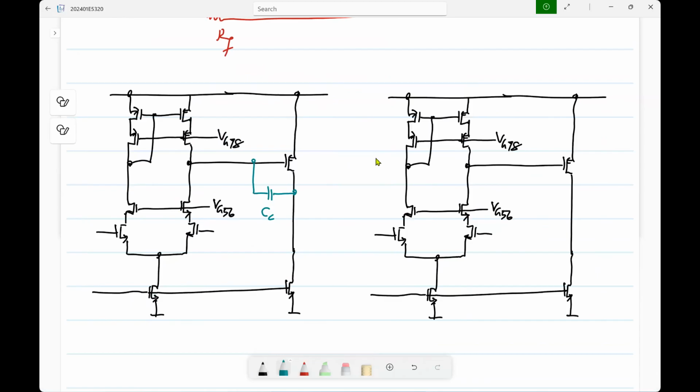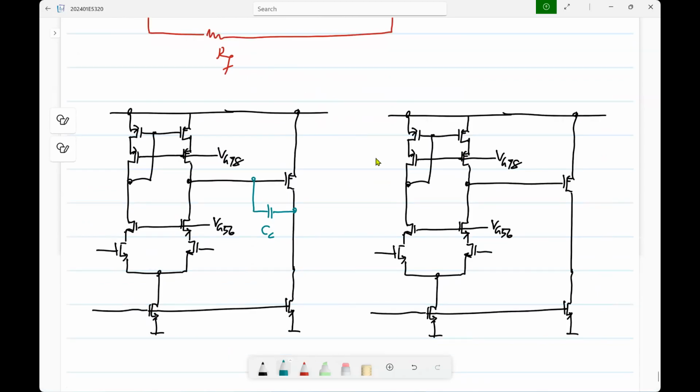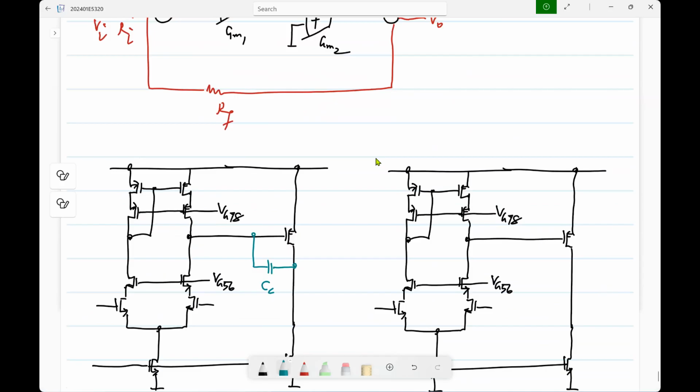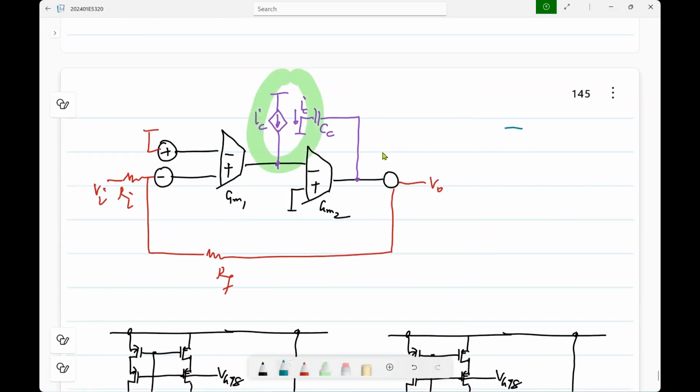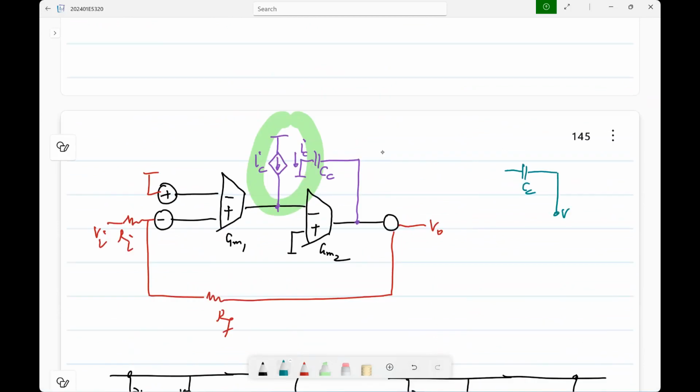The thing is, this current controlled current source is a common gate amplifier, right? So you should connect CC from the output through a common gate amplifier. If it is NMOS, it will be like that. And this should go to the first stage. If I call this VO1, it should go to VO1.